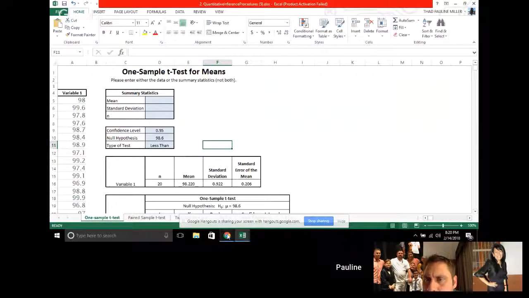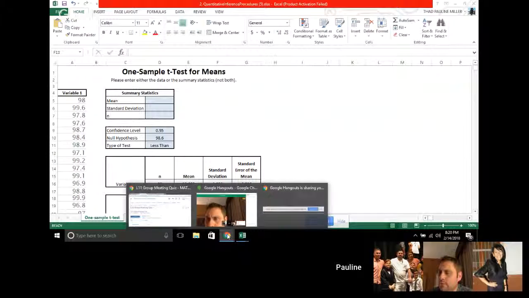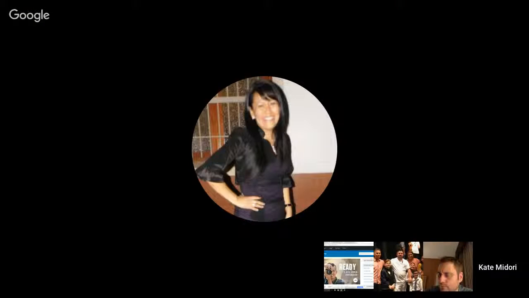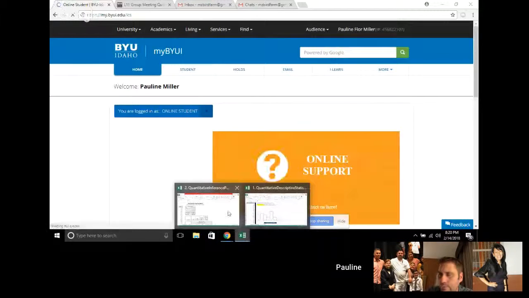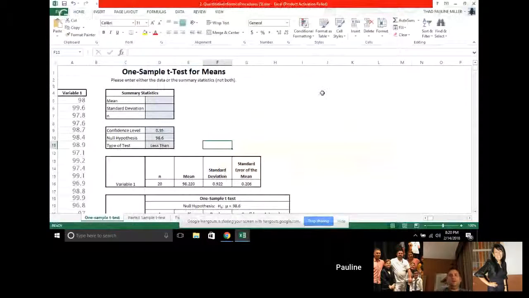Go into the online textbook for lesson 11 and scroll down, and it has the temperatures.